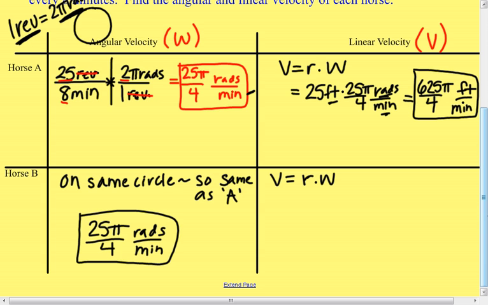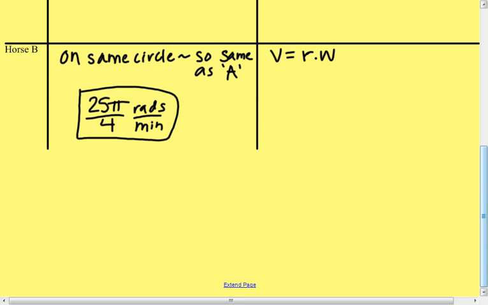Your horse B is sitting at 2/3 of that radius. So you'll go 2/3 of, so multiply, 25 feet. That's my radius. So 2/3 of my radius times my angular speed, which is 25 pi over 4 radians per minute.